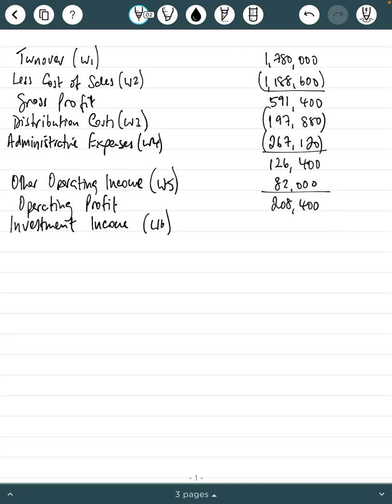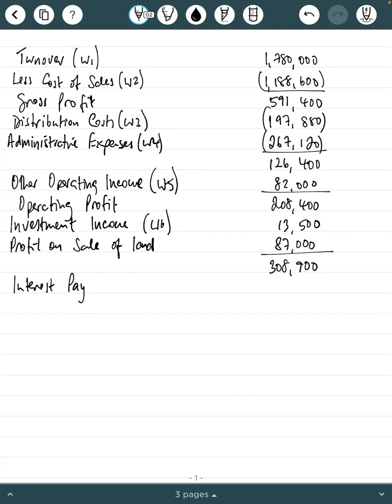So investment income, working 6, is 13,500. Now we can put in our profit on sale of land. You can take it straight out of the trial balance, 87,000. We can add up those three figures now, and we get 308,900.